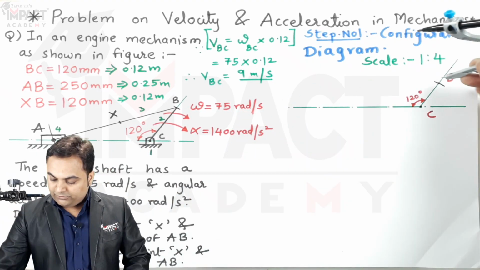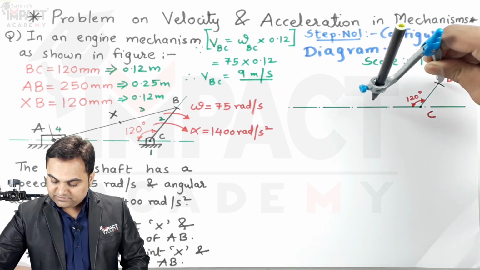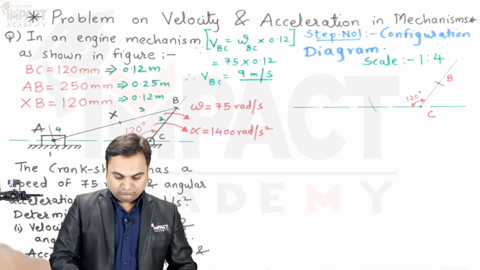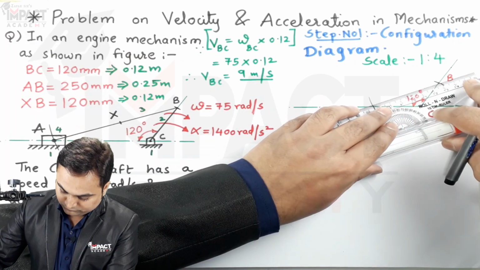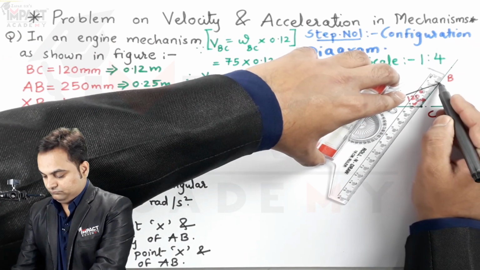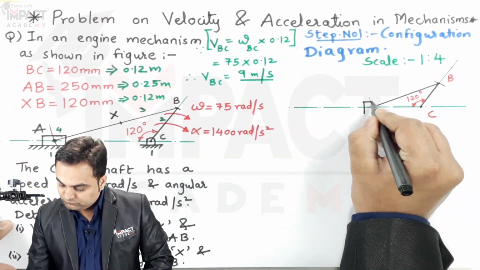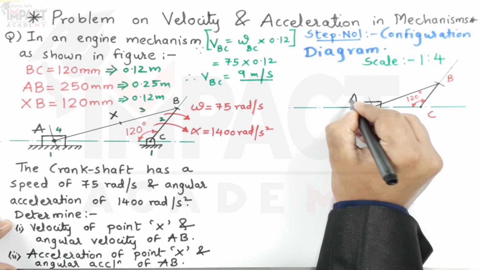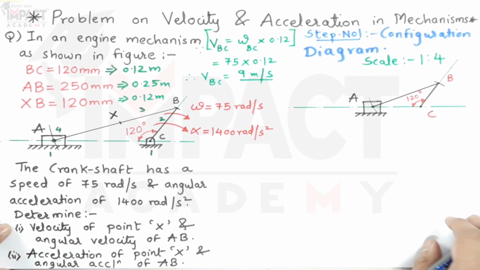Now keeping on point B and cutting this line of stroke. And here this is point A for this piston.